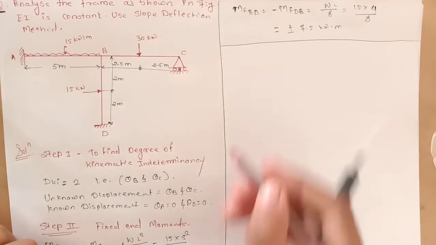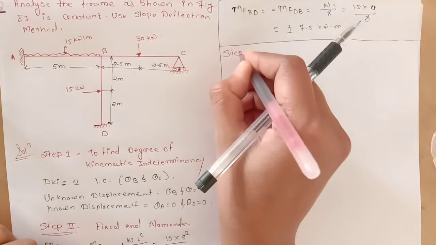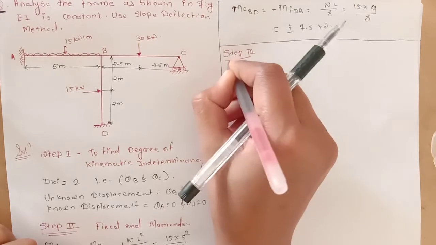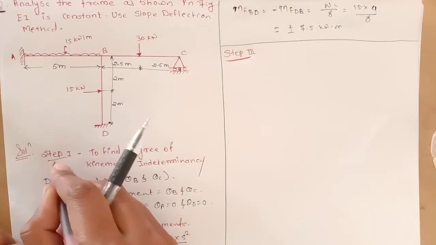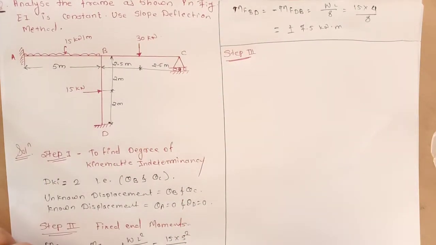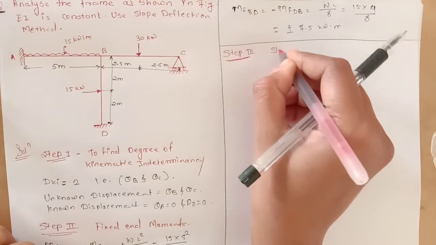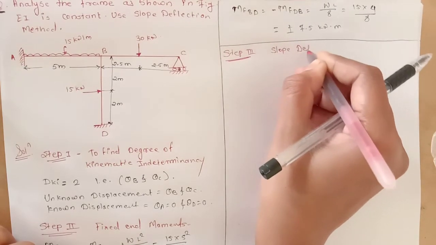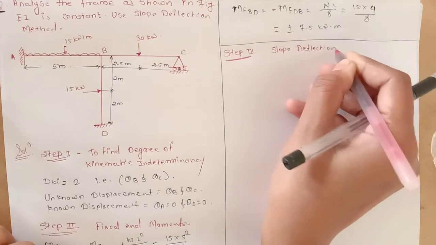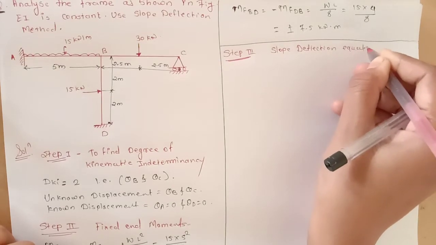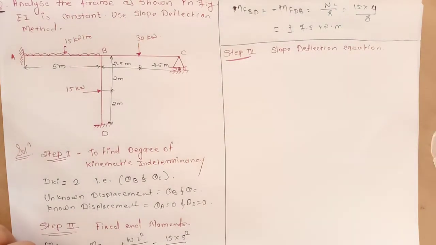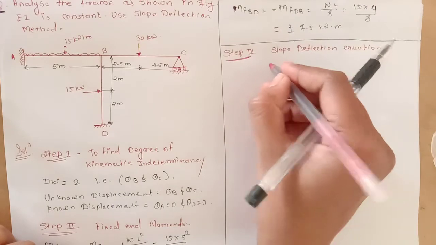The next step, number 3. The third step is to write the slope deflection equations. So first take member AB.